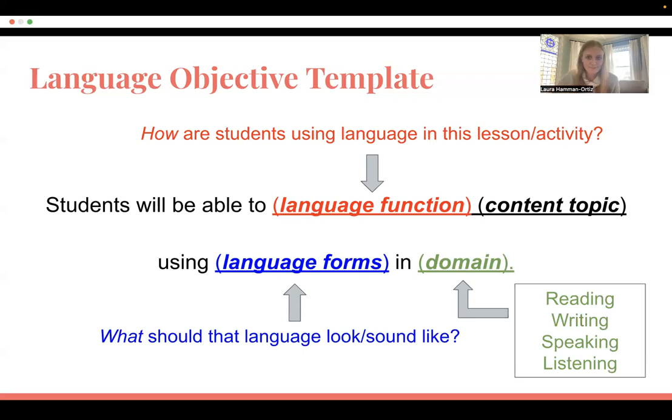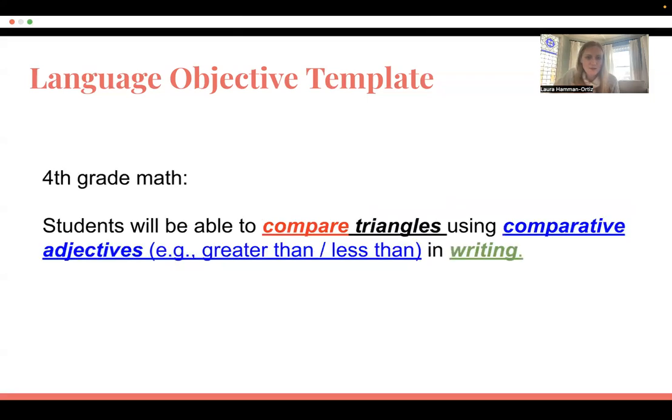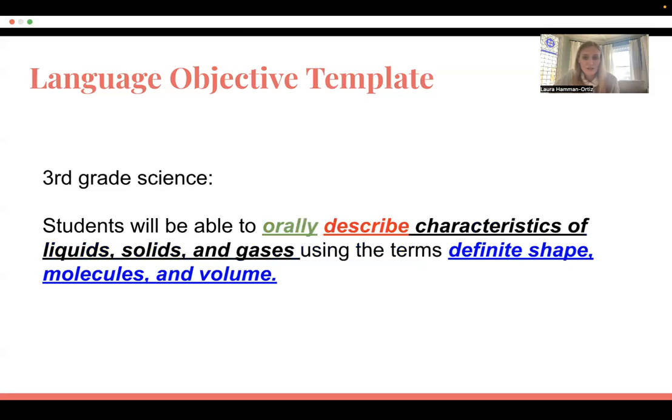So just to use this template to map onto the examples I gave you, the 4th grade math one again was compare triangles using comparative adjectives in writing. You see all those 4 components. Our 3rd grade example was orally describe characteristics of liquids, solids, and gases using the terms definite shape, molecules, and volume. So you can see all of those components there.